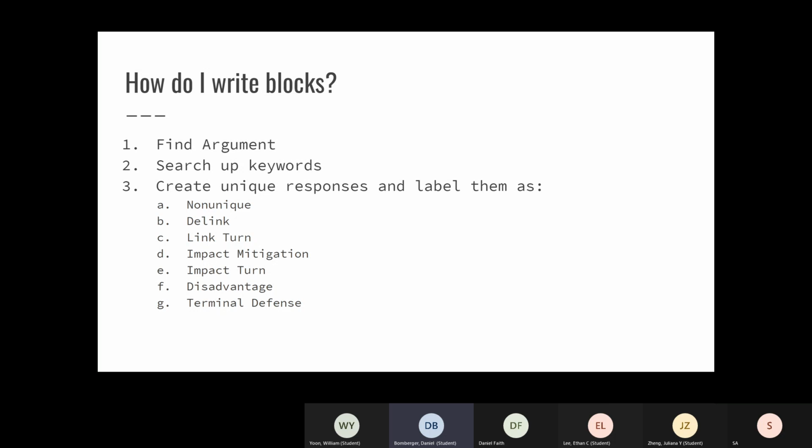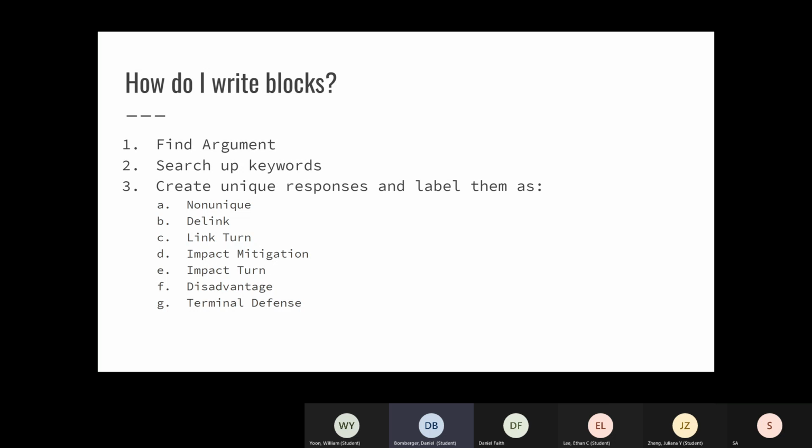So we already talked about impact mitigation, I think. Impact mitigation would be mitigatory defense, saying that something happens less than the case would say it does. But terminal defense is saying that it doesn't happen at all.